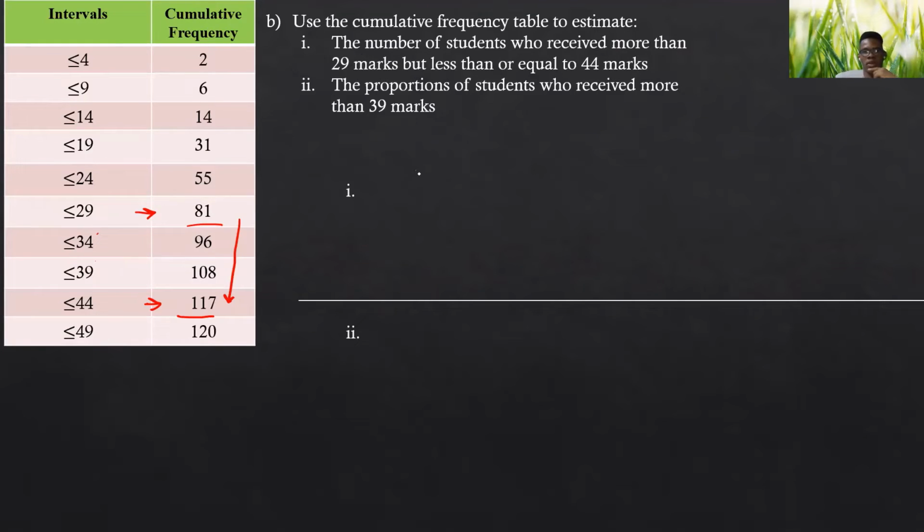So subtract the cumulative frequency for 39 by cumulative frequency for 29. Because again, not 39, 44, yikes. That's not 39. This is between 44.